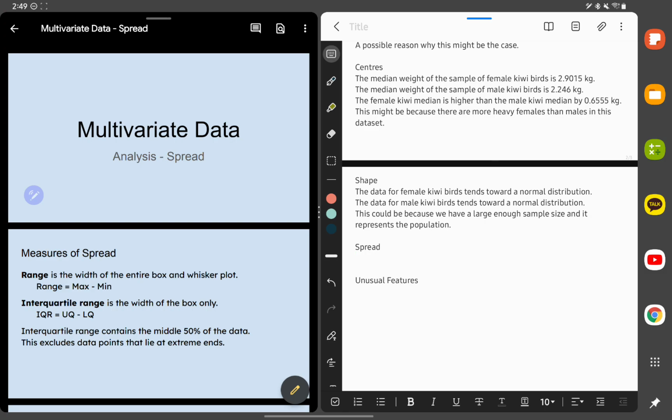If it is very spread out, that means the female kiwi birds tend to be wildly varied in their weight. If the spread is tiny, that means most of these data points, most of these female kiwi birds in our sample, there's not much variation. They're pretty much the same, right? So some animals, you will notice that they are very similar to each other, right? I remember when I was young being told that cheetahs at the moment are genetically really similar to each other.